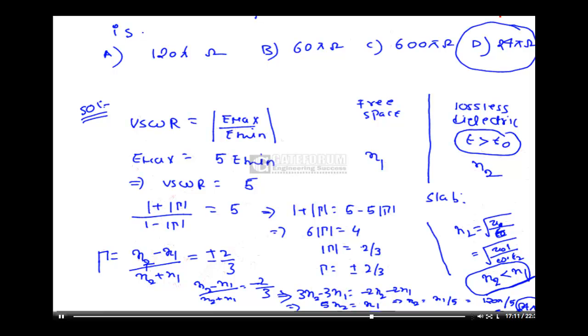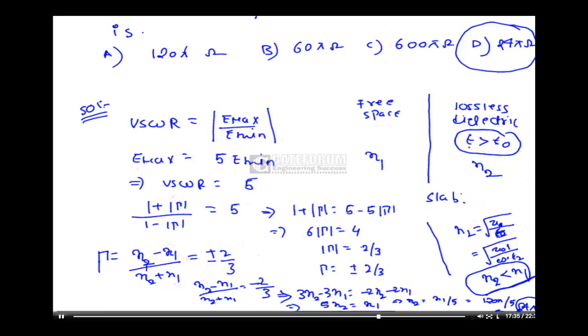Option D is correct. Suppose you consider plus 2/3, you will get 600 pi as the option, because it is multiplied, 120 pi into 5. So 600 pi ohm. You must be very careful when solving this type of problem. Whether it is plus or minus 2/3 is based on the given characterization of the dielectric medium.